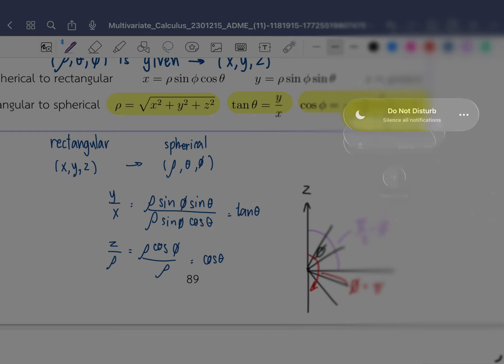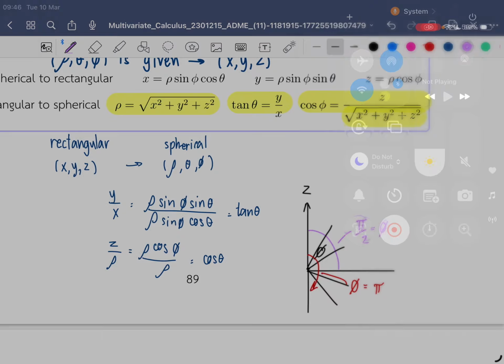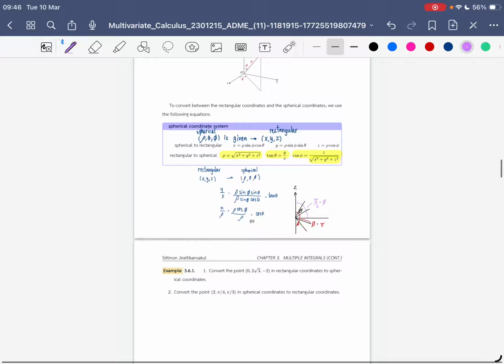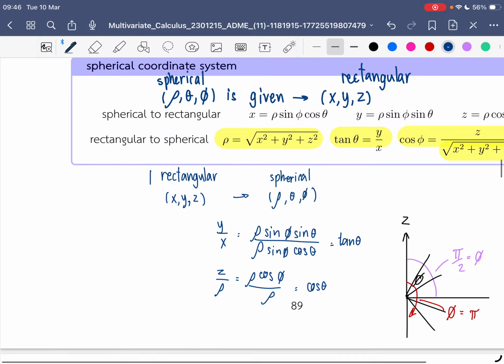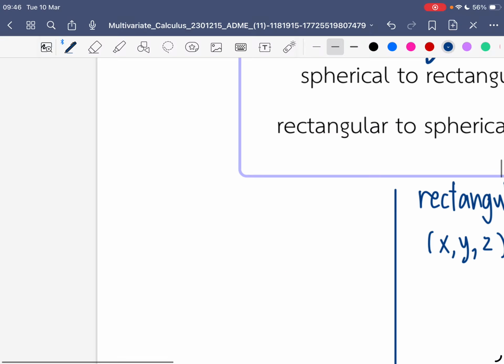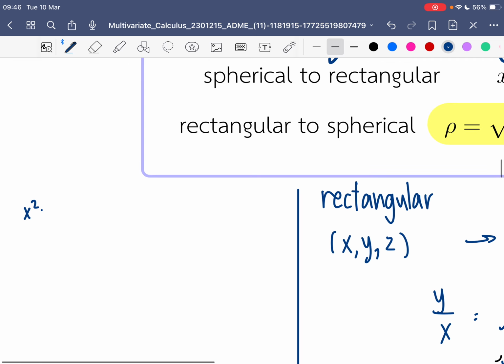Another equation that I find slightly useful is x squared plus y squared. This is going to be rho square sine square phi cos square theta plus rho square sine square phi sine square theta.